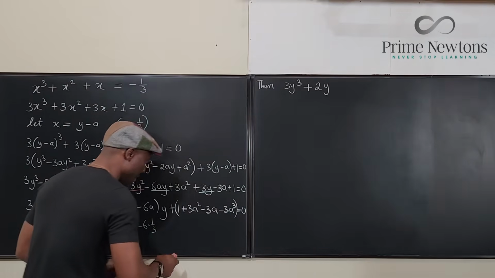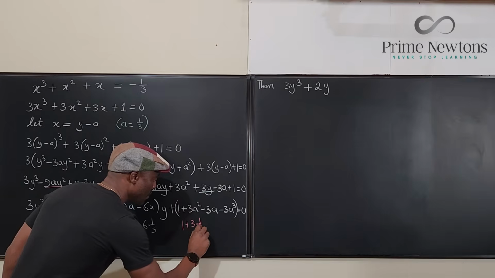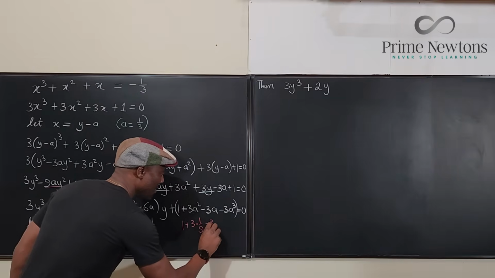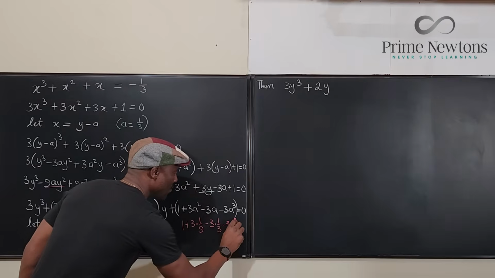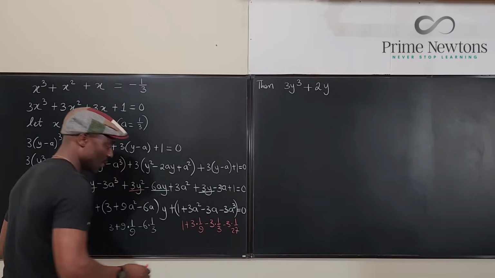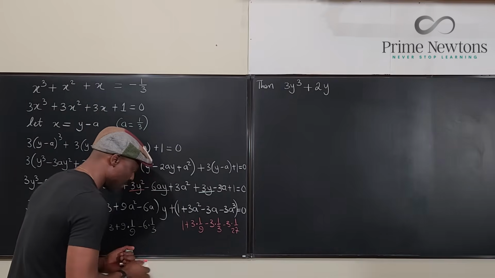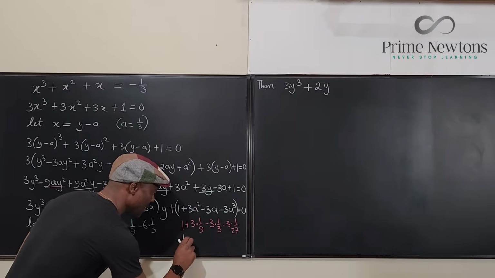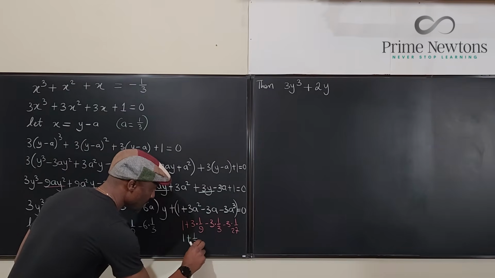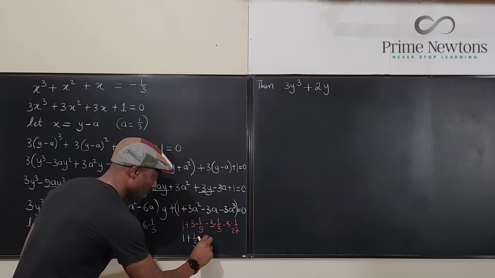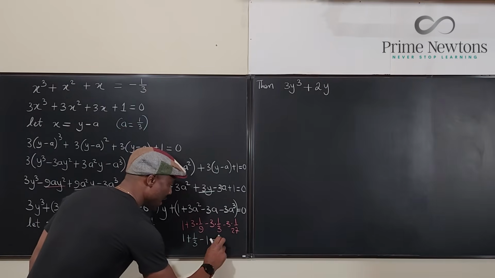Okay, now let's go to the third part. We're going to try to plug in the numbers. This is going to be 1 plus 3 times 1 over 9 minus 3 times 1 over 3 minus 3 times 1 over 27. So those are all the numbers. Here we're going to have 1 plus 1/3 minus 1 minus 1/9.